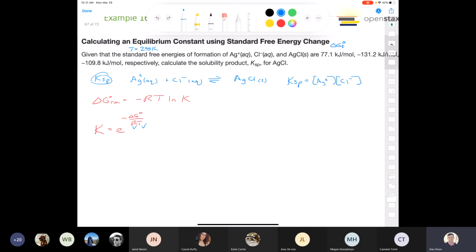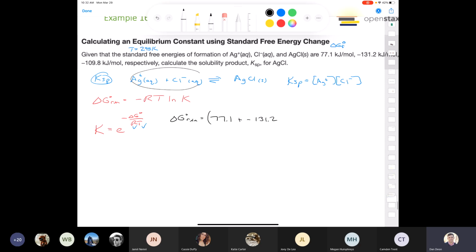So let's do that. The delta G naught for this reaction is going to be equal to the standard free energy of silver, where's my silver? I'm getting confused. There we go, 77.1 plus negative 131.2.